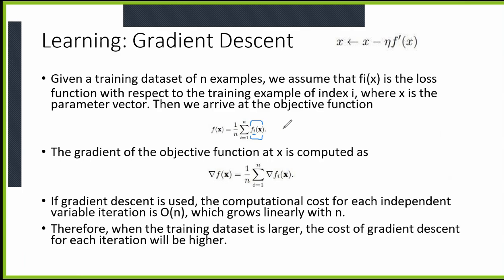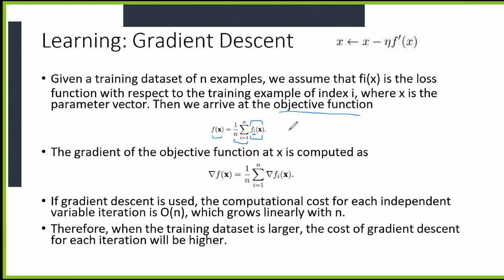And then we average it, which gives us the objective function which we want to optimize.